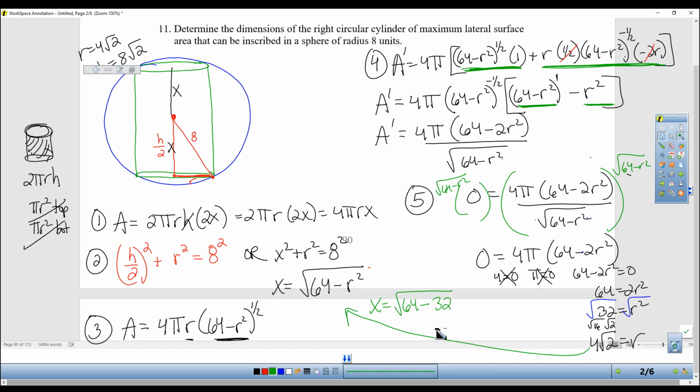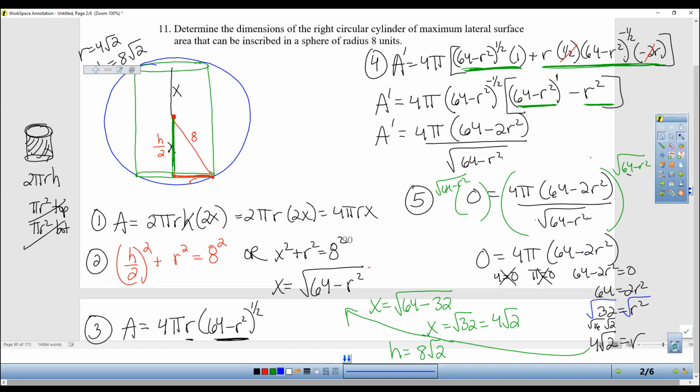So I get h is equal to, not h, sorry, x still. So x is equal to the square root of 32, which is 4 square roots of 2. But x is just this distance. It's only half the height of the cylinder. So h is equal to 8 square roots of 2.